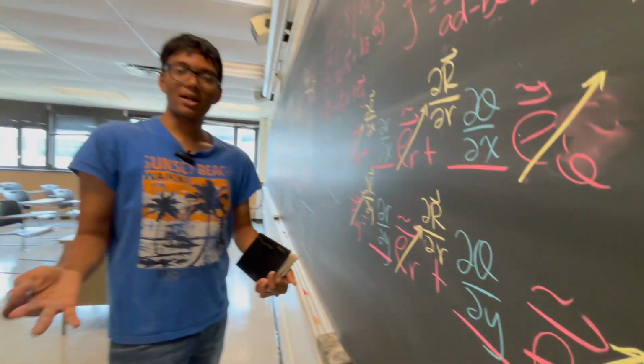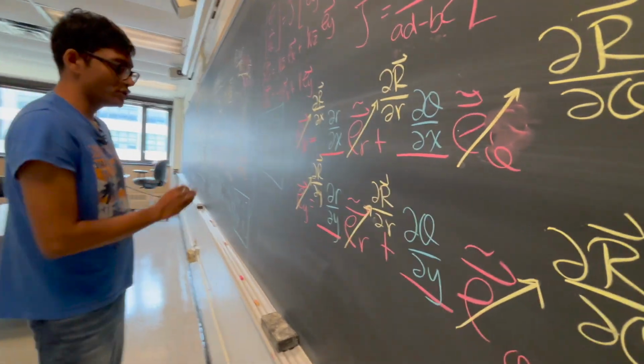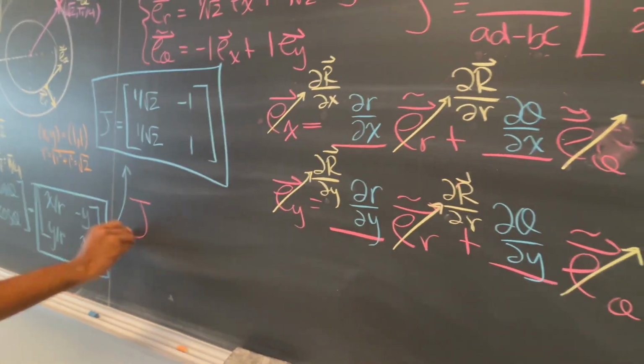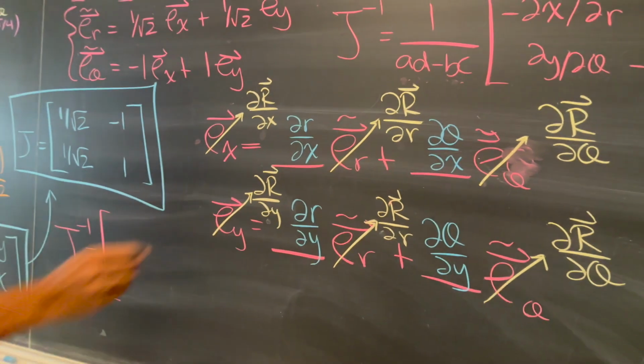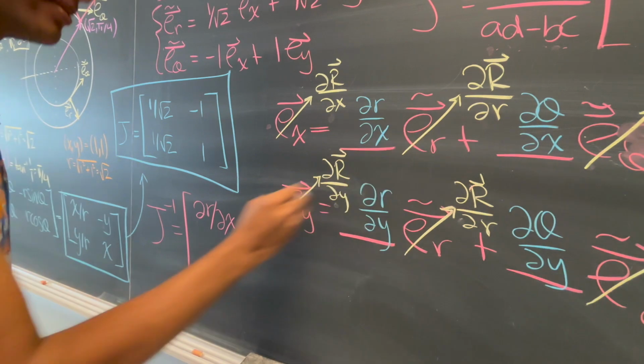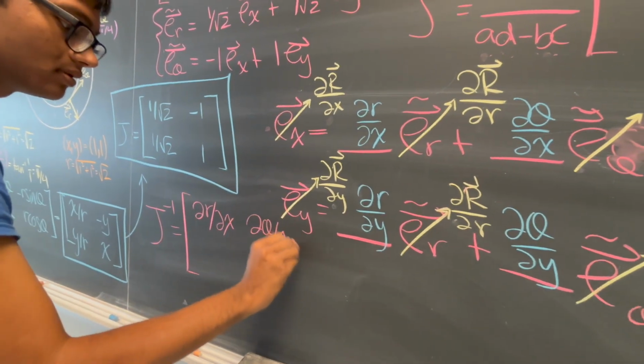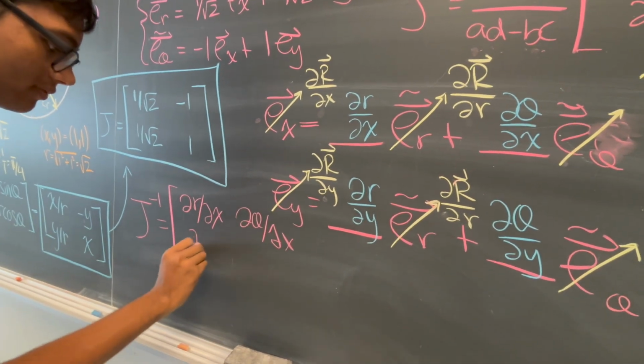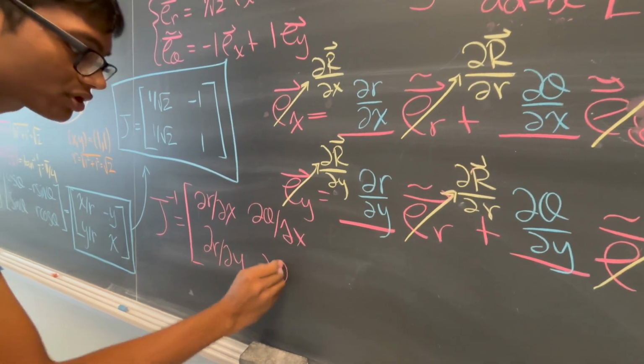So check it out, bada bing, bada boom, I got my anti-Jacobian very simply. My inverse Jacobian is simply partial r, partial x, partial theta, partial x, partial r, partial y, partial theta, partial y.